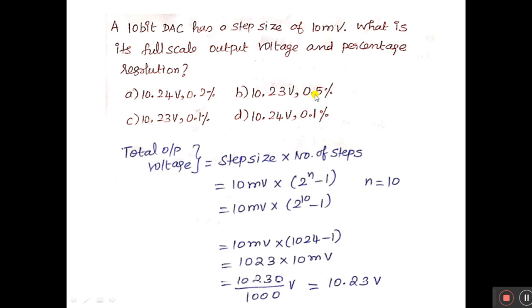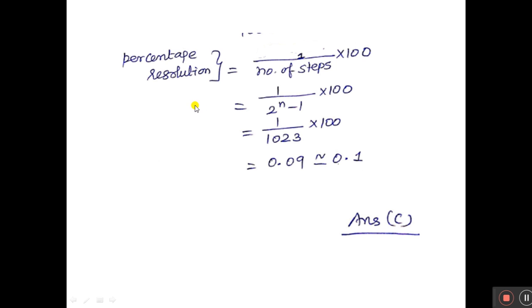Now we can check the percentage resolution, whether 0.5 or 0.1 percent. The formula for percentage resolution is 1 by number of steps, into 100, because the question asks in percentage. So 1 by 2 power n minus 1, into 100, with n equal to 10.